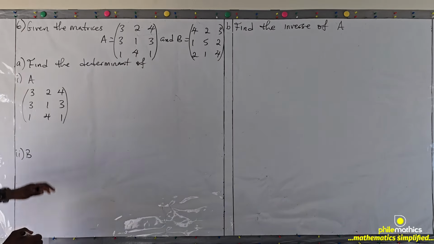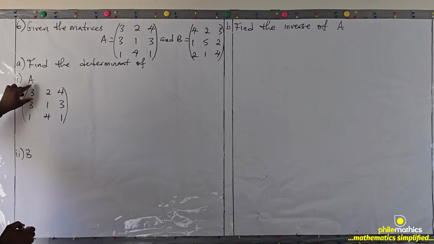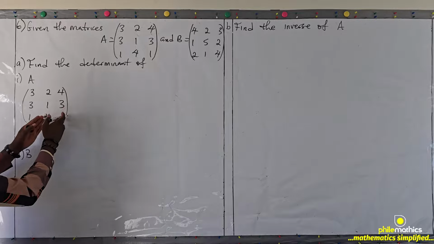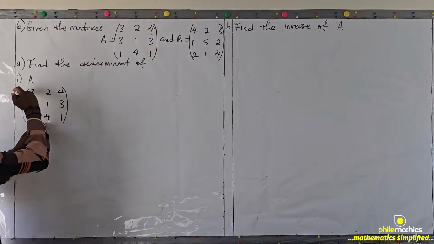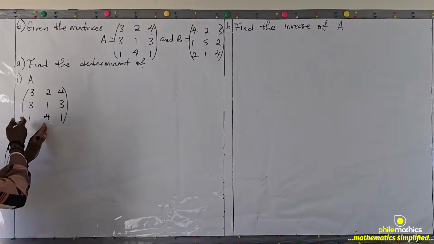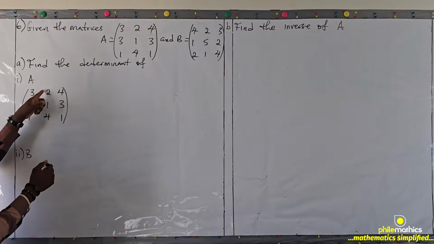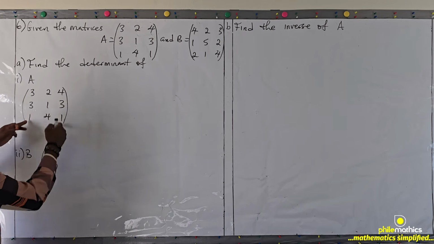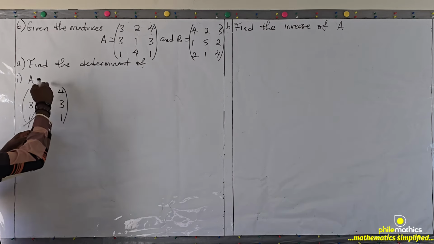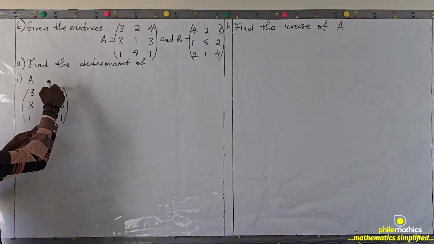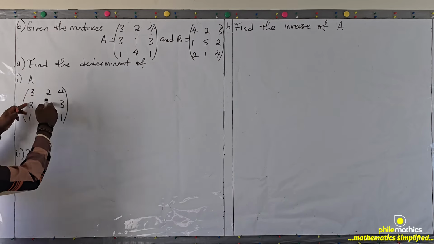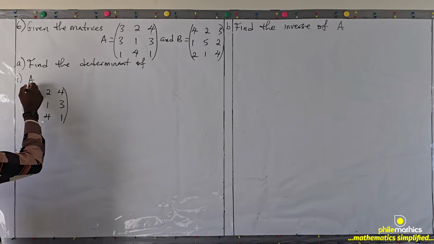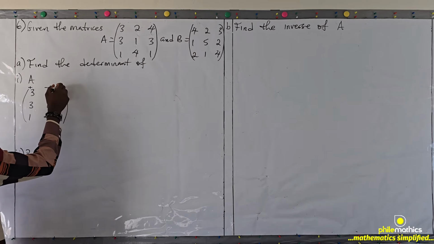How we calculate determinant is we take this and multiply it by the determinant of what is remaining if we delete the row and the column of this, minus this times the determinant of what is remaining if we delete the row and the column of this, plus this times the determinant of what is remaining if we delete this and this. So this plus, minus, plus.